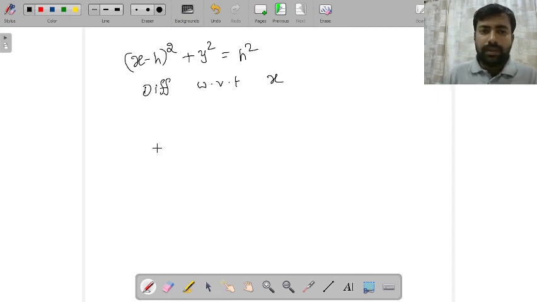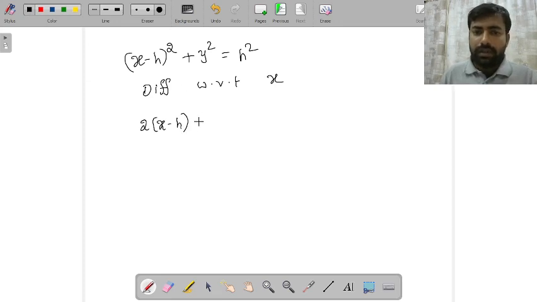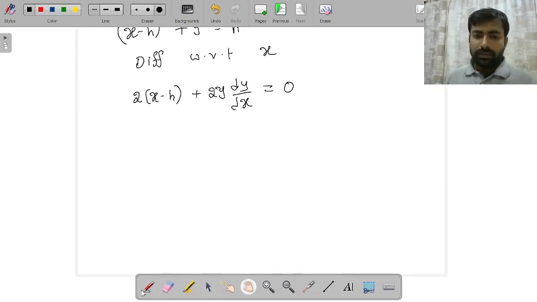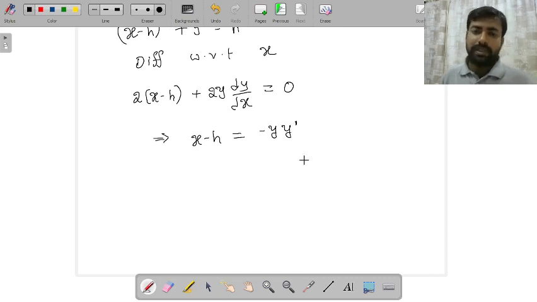When you do that, you get 2 into x minus h, that is the derivative of x minus h whole square, and the y square derivative is 2y dy by dx equal to the derivative of h square, which is 0 because it is a constant, right? So from this you can see what x minus h is. So x minus h equal to, you send it to the other side, minus y into y prime. I am writing dy by dx as y prime.